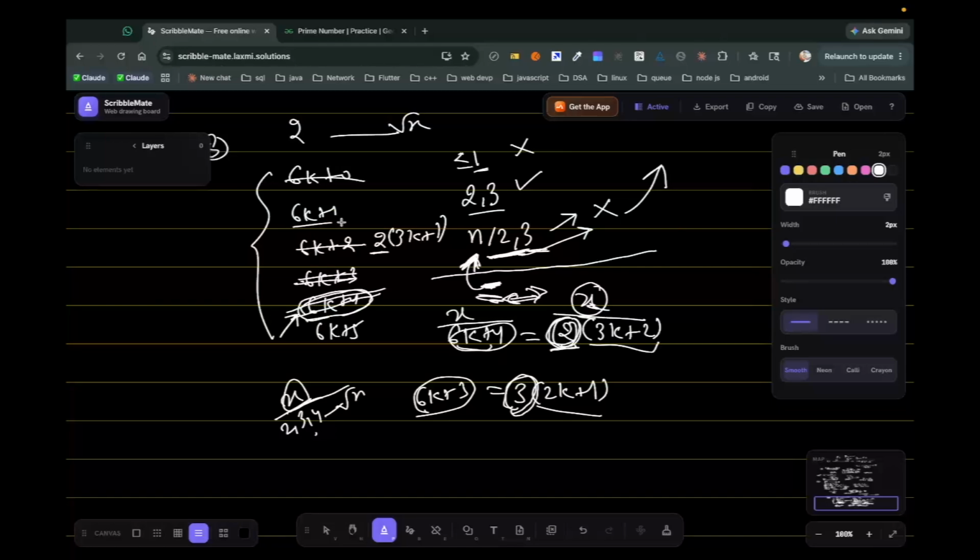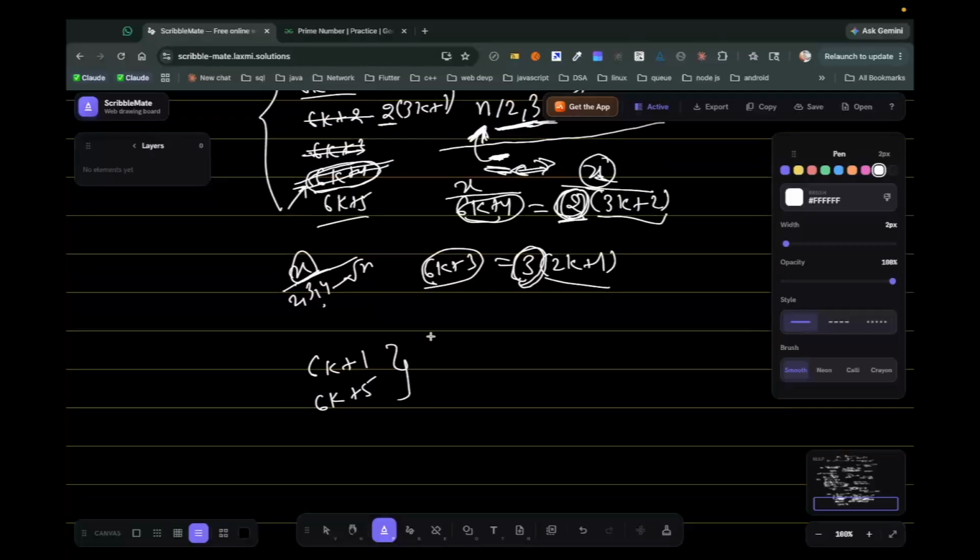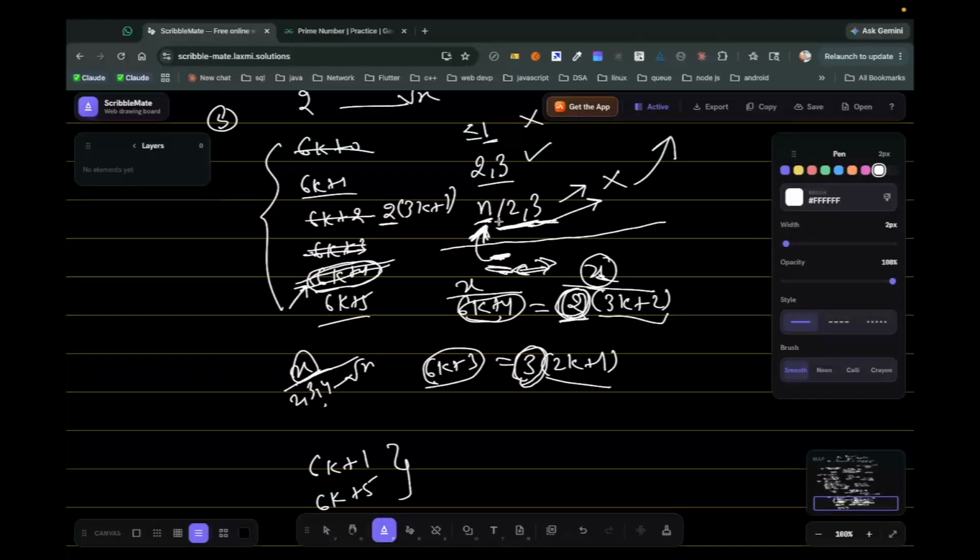So we are left with 6k plus 1 and 6k plus 5. These two terms, 6k plus 1 and 6k plus 5, are the only two terms that we have to check. The rest of the terms have been crossed out, because if n is divisible by 2 or 3, we know that it is not a prime number and we exit.